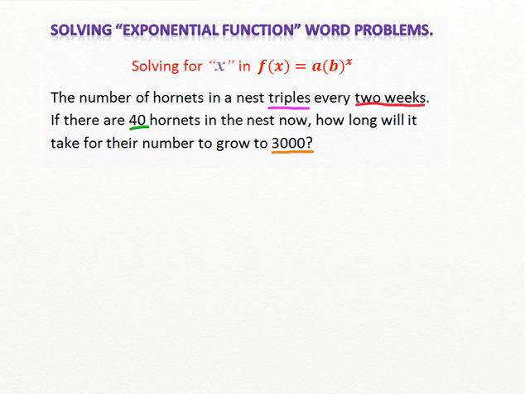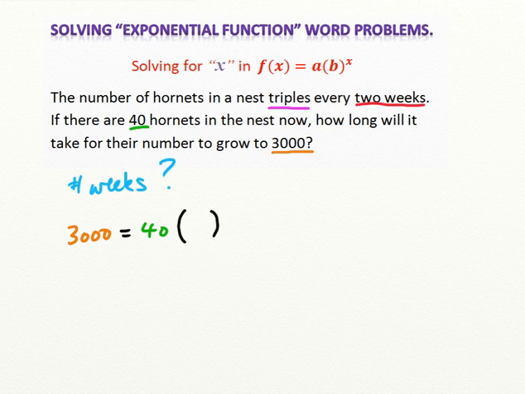So the unknown value that we're searching for is the number of weeks. I'm going to use the variable w to identify that. Let's set up the equation. We have 3,000 as the number that we would like down the road, and we are starting with an initial amount of 40.